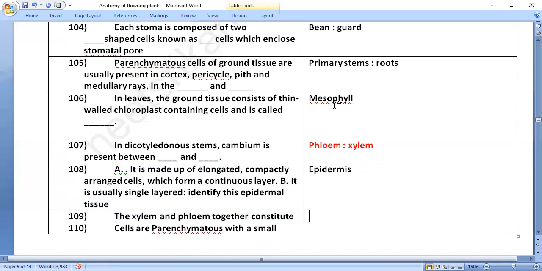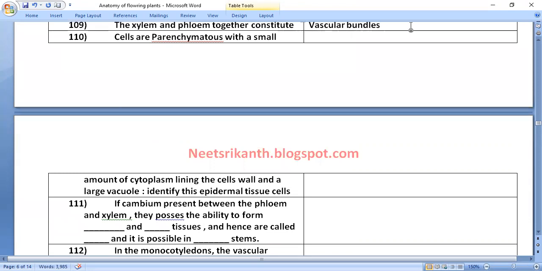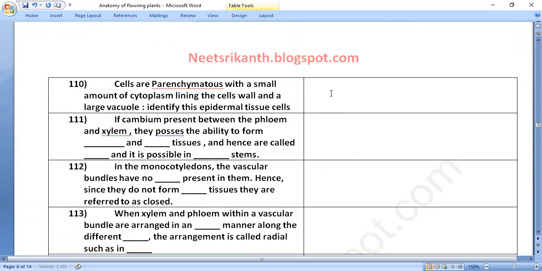The xylem and phloem together constitute vascular bundles.